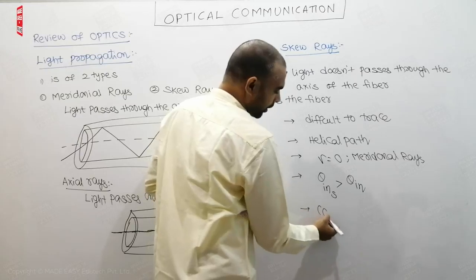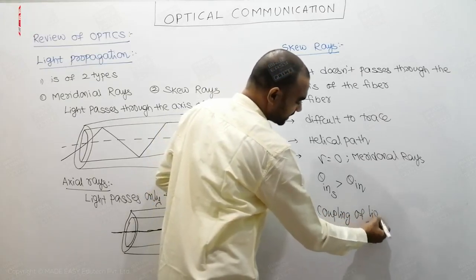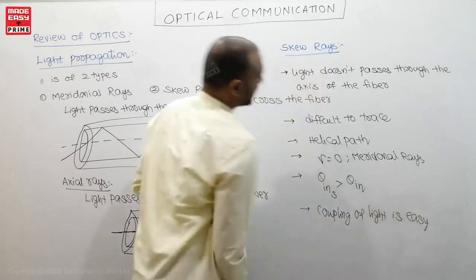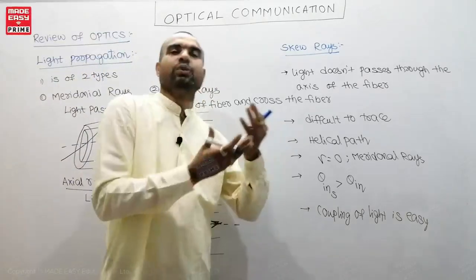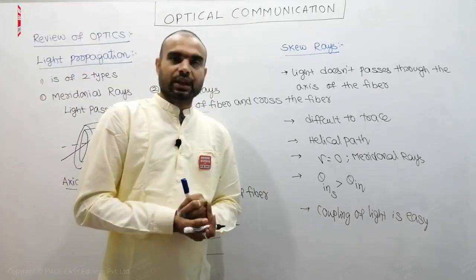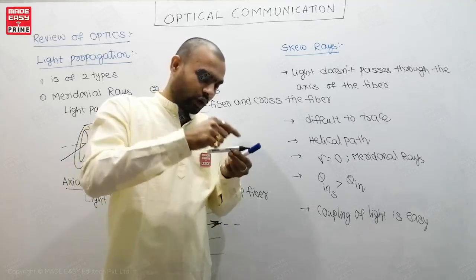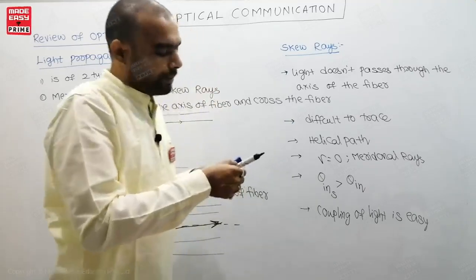So coupling of light is quite easy, and a very large amount of light is passed into a fiber using skew rays. But this is the axis, and they take a path like this along the axis. This is called the helical path we are having.